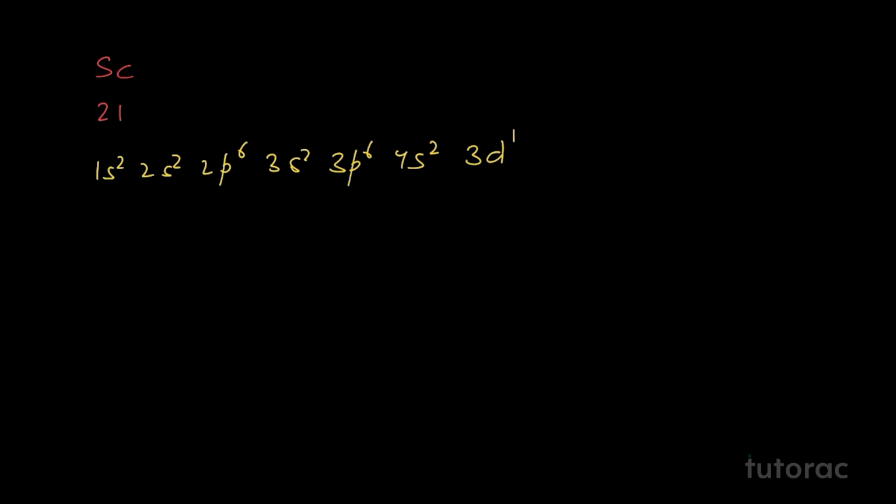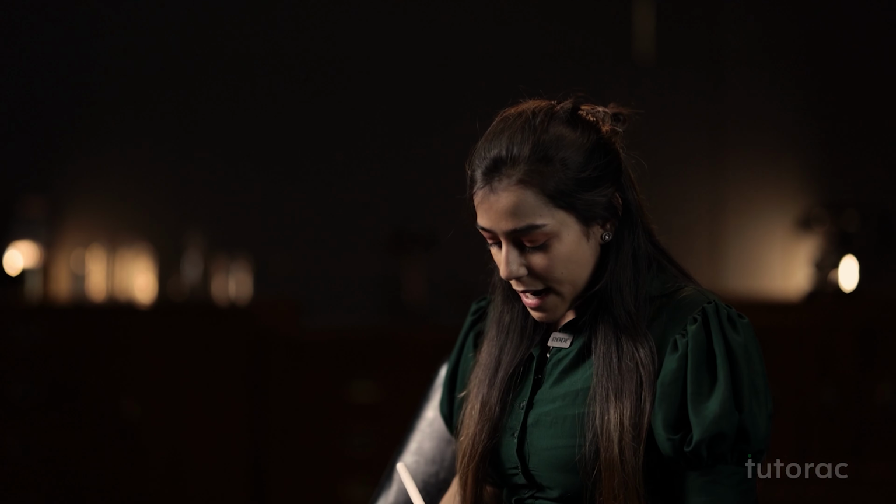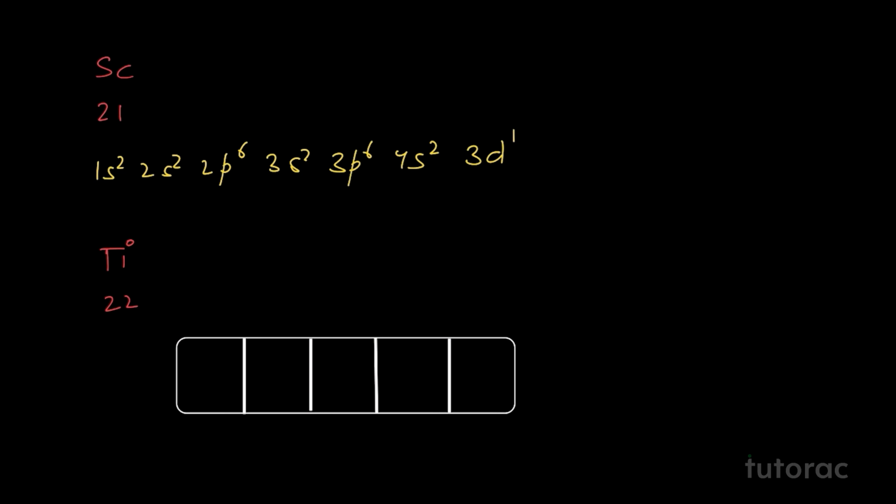Now if I go after scandium to the next element, that would be titanium, and that is 22 in its atomic number. That way, another electron will fall into D. So before that, what you need to analyze here is that D has 5 subshells: 1, 2, 3, 4 and 5. And in that, the possible electrons are overall 10 of them. So maximum it can have 10 electrons.